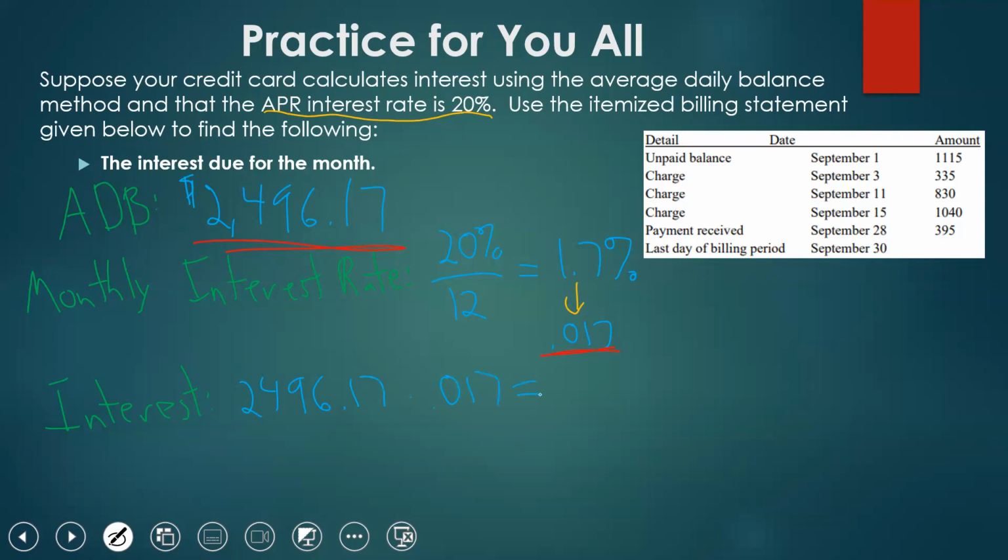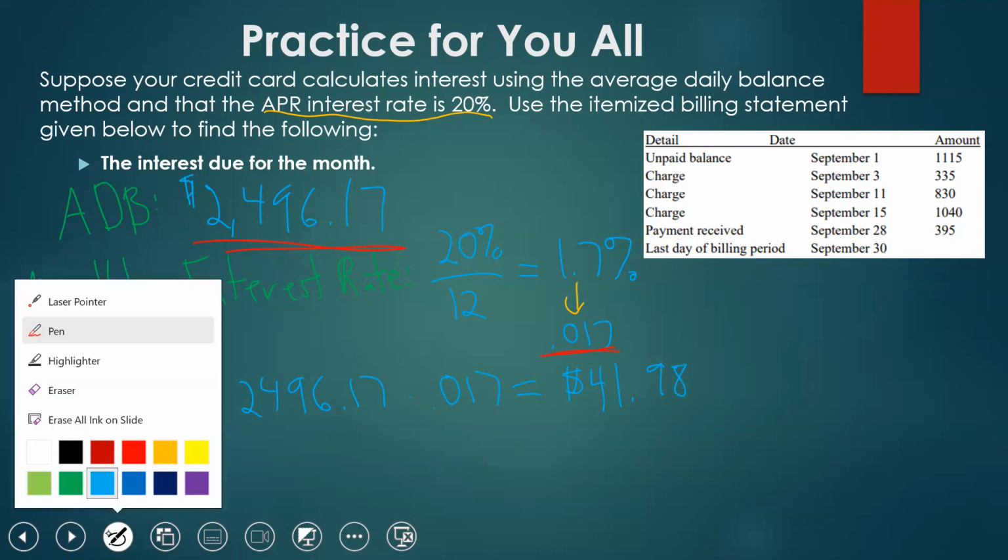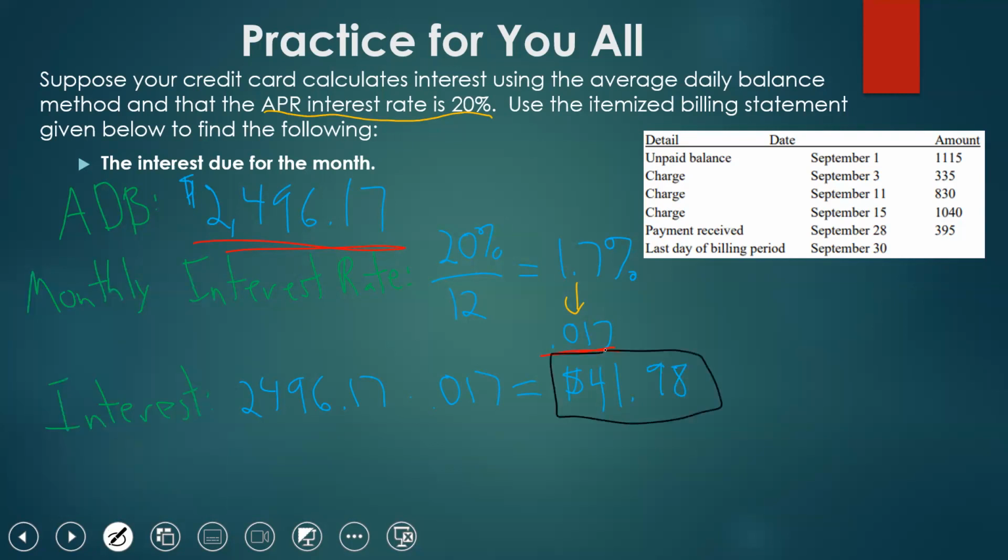And when we do that, the amount of interest for the month ends up as $41.98. So that's how much interest we will owe for our charges or our balances from the month of September.